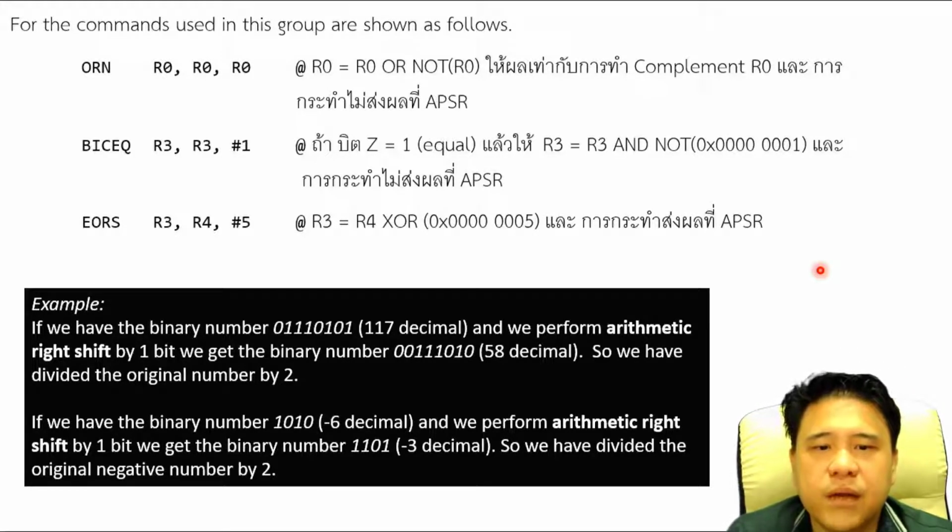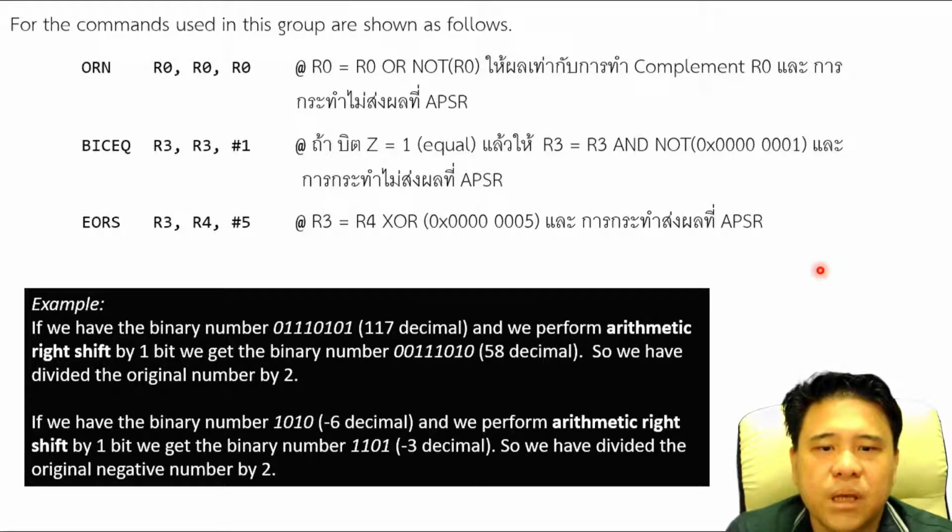Okay, if we have the binary number, 117 in decimal, or 01110101 in binary, and if we perform arithmetic shift right by 1 bit, we get the binary 00111010, which is 58 in decimal.